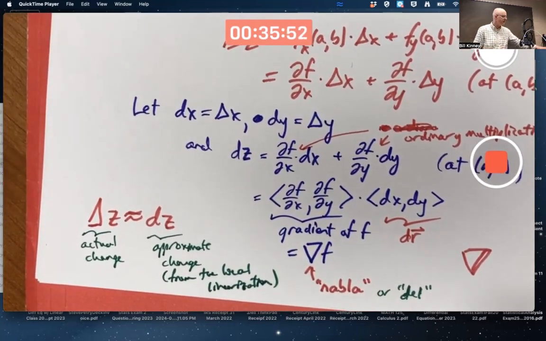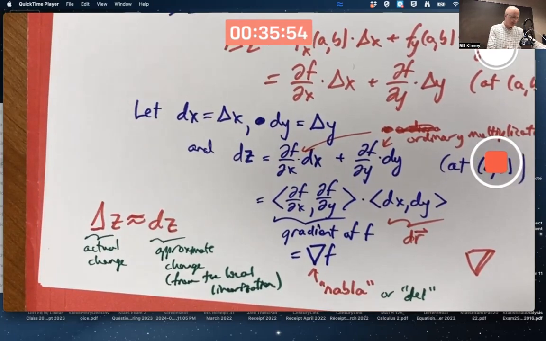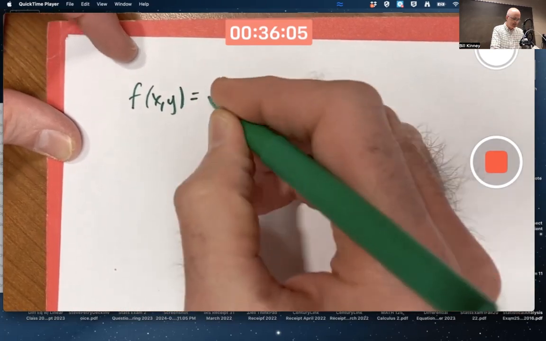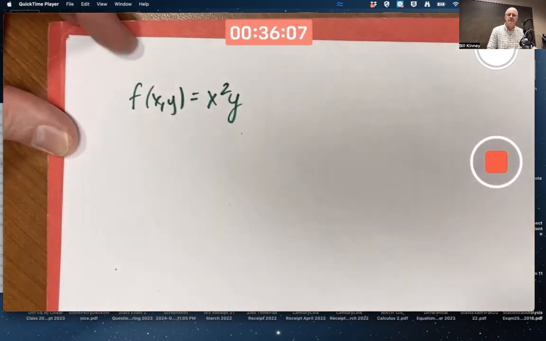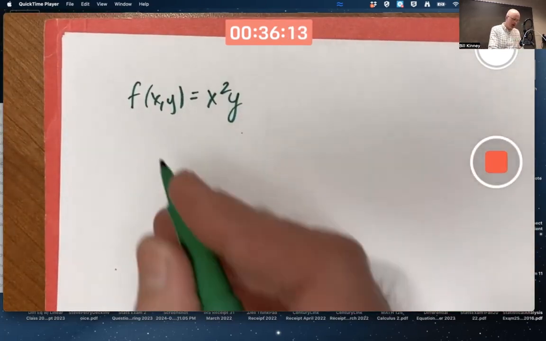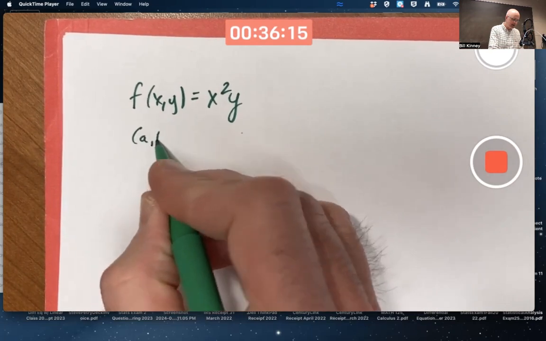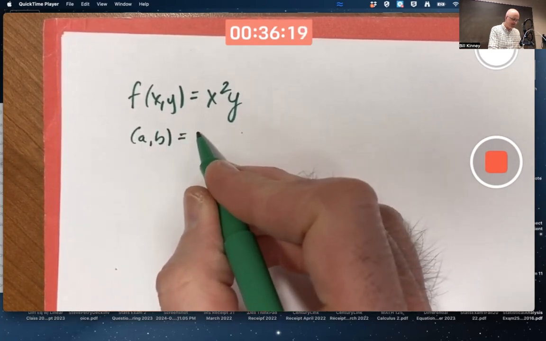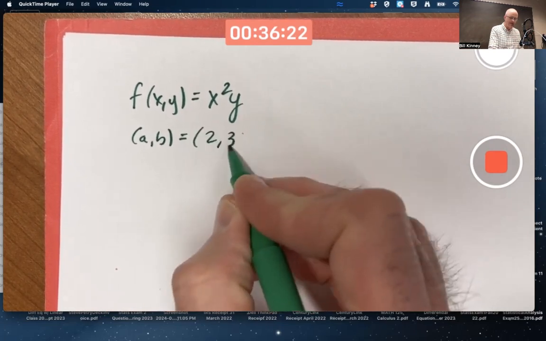Let's do a simpler example than the one we started off with. Say f of x y is x squared times y. And the point in question, a b, is say 2, 3.